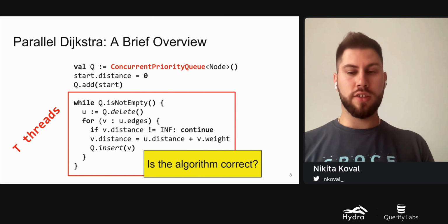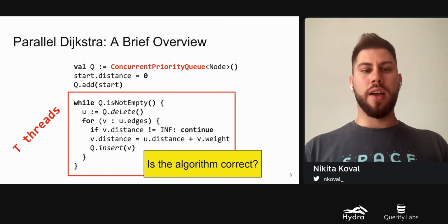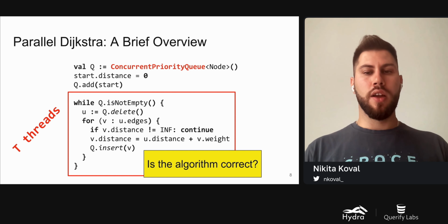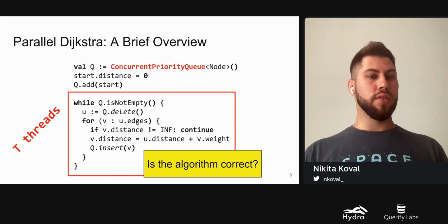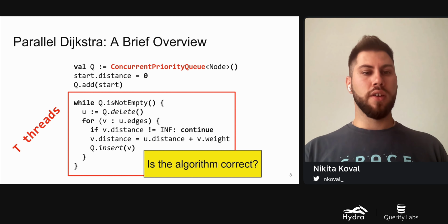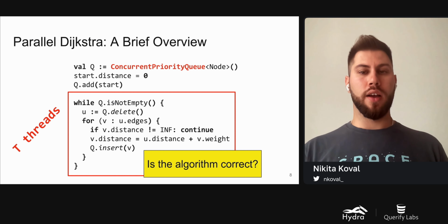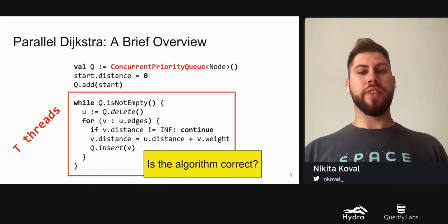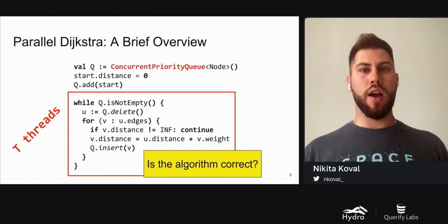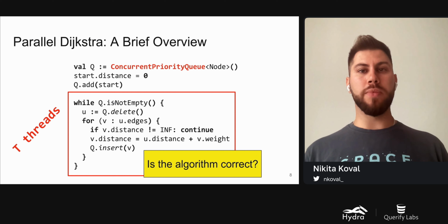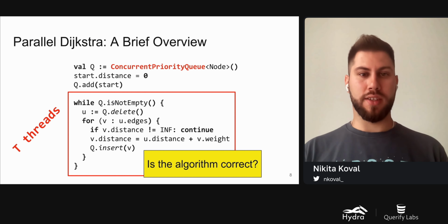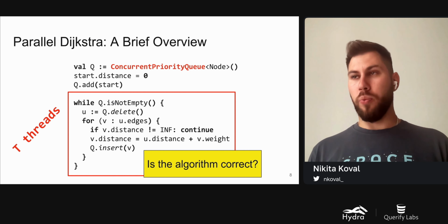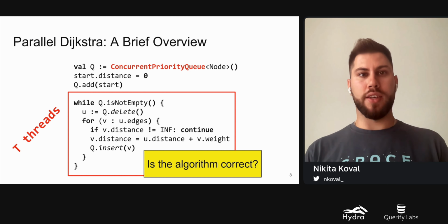No, actually it's not correct, because it's possible that after you add the start node, the first thread comes to the queue and extracts this node, the only node in the queue at the moment. After that, all other threads detect the queue in the empty state, and thus they finish. So there is no parallelism in this case. But the work will appear later.